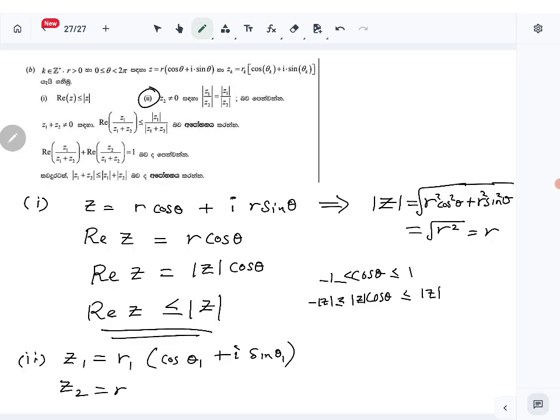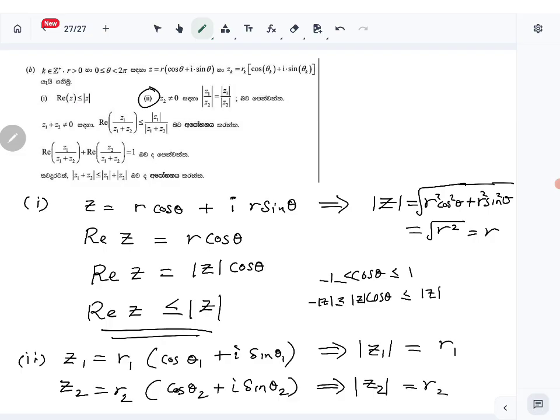Z2 is what? R2 cos theta 2 plus I sin theta 2. So then modulus Z1 is what? Modulus Z1 is R1. Modulus Z2 is R2.